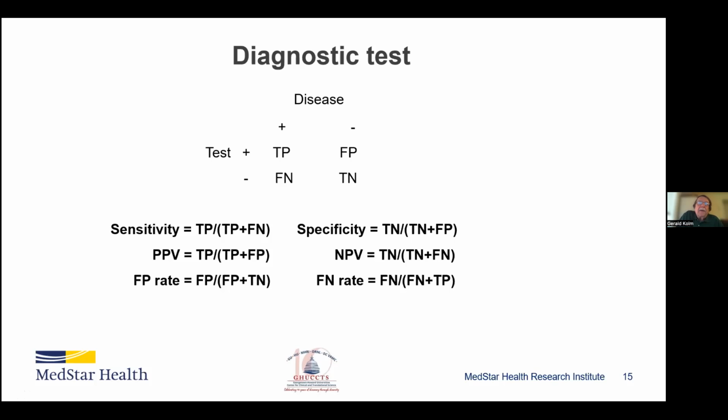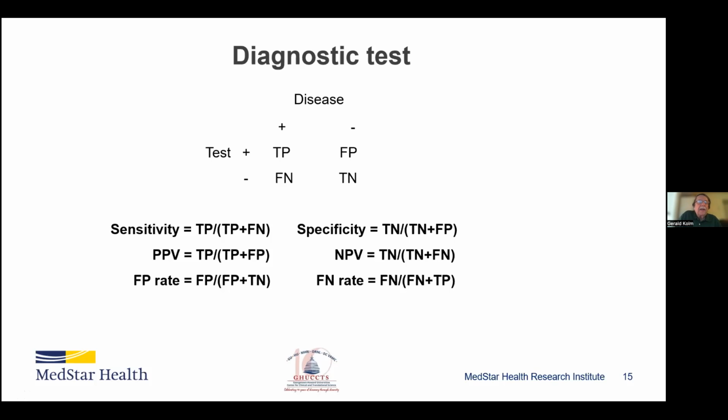Then specificity is the situation where a person turns out to be negative on the test and actually does not have the disease. So we term that a true negative. If they turn out to be positive on the test, but they really don't have the disease, that's called a false positive. And so specificity then is the true negatives divided by the sum of the true negatives plus the false positives.